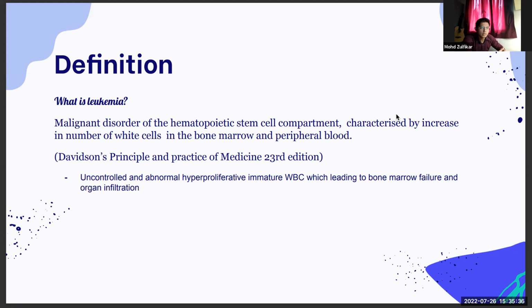In leukemia, there is uncontrolled and abnormal hyperproliferation of white blood cells, leading to bone marrow failure and organ infiltration. In simple words, leukemia is basically a white cell malignancy, originating from the bone marrow and going to the peripheral blood. So next slide.